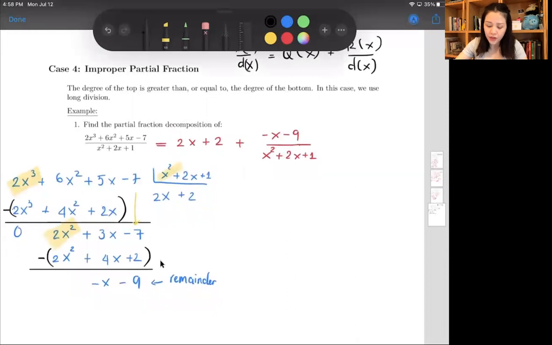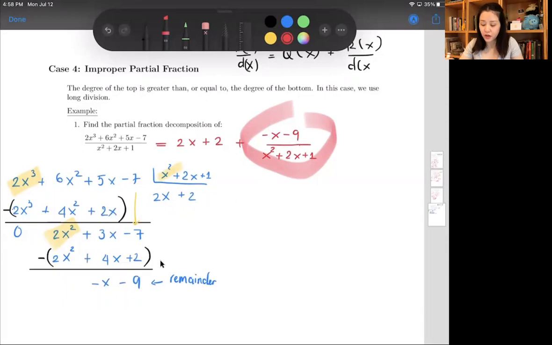Okay, so nothing we can do about the quotient here. We're done with the quotient. But one thing we can take care of is we're going to break apart the remainder over the divisor, right? So we're going to break apart negative x minus 9 over x squared plus 2x plus 1.